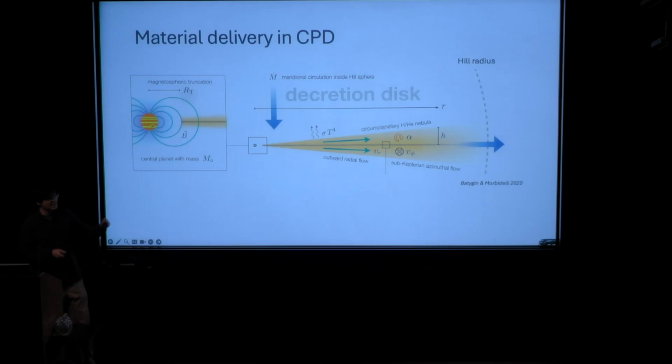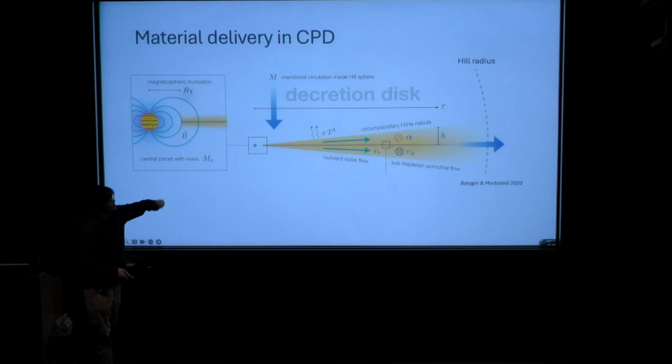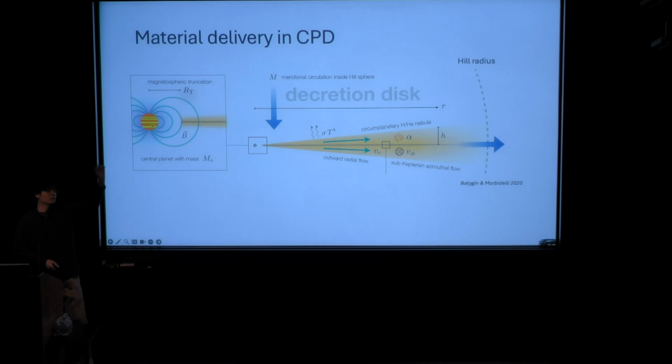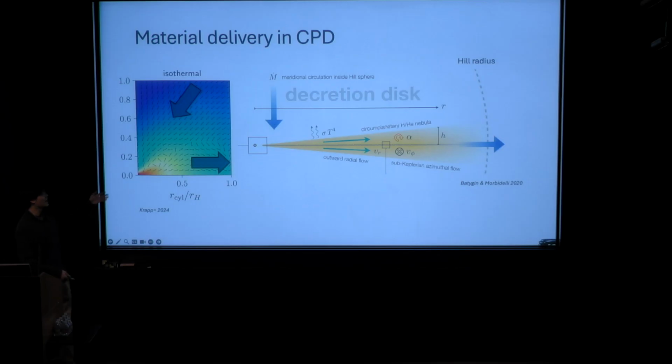Gas is dredged up from the disk, landing directly near the planet, and that drives a global outflow in the midplane. So in this idea, we have a global de-accretion disk in the midplane of CPD. And this idea is actually motivated by past CPD simulations where people see this large-scale polar inflow and midplane outflow.